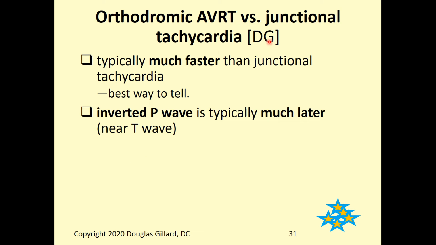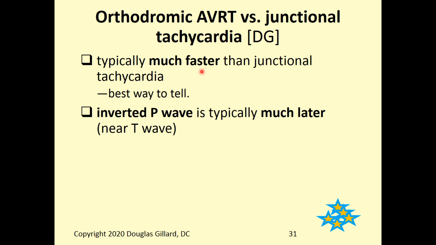Orthodromic AVRT versus junctional, very difficult to tell apart. For our purposes, and from Garcia's teachings, it seems on average that orthodromic AVRT runs much faster than junctional tachycardias, and that's the best way to tell. The inverted P wave may be much later, near the T wave in orthodromic AVRT, so look for that.